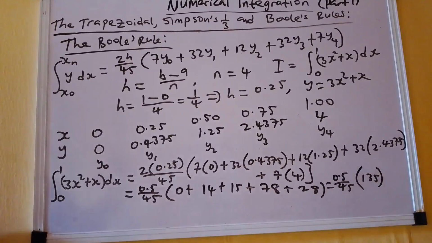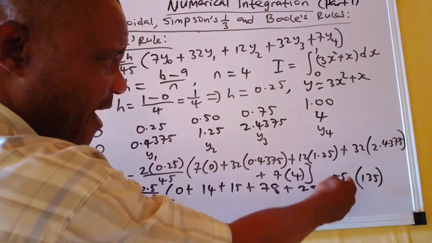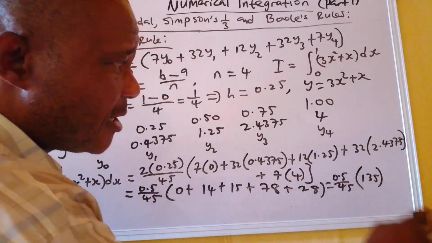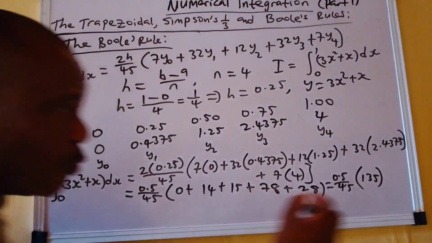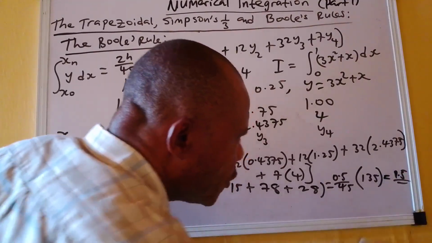So I will be forced to commit an inherent error. So the best way to do it, you just press 0.5 divided by 45, then multiply the answer by 135. You will simply have 1.5 on the dot.